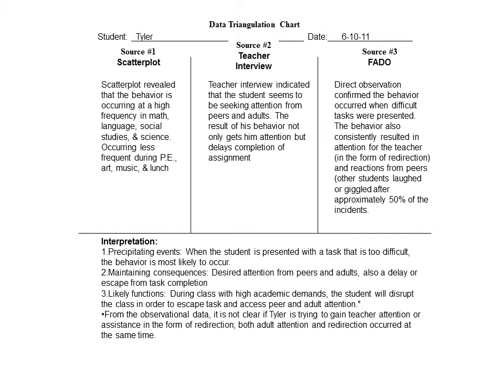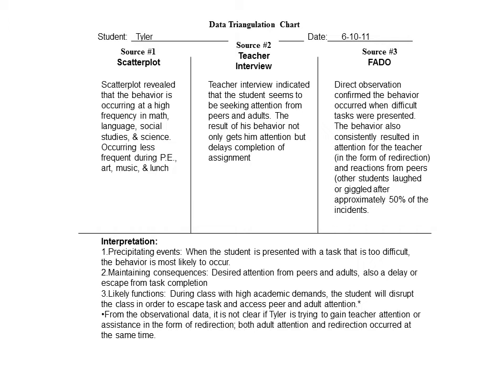That'll give us some guidance as to when it would be best to collect some observational data. The teacher interview suggested that Tyler was engaging in this behavior to get attention from adults and from peers. And then she further indicated that it did sometimes involve him delaying a task.